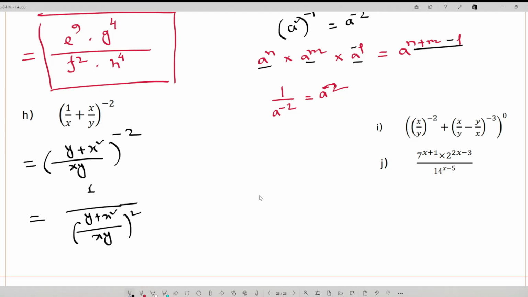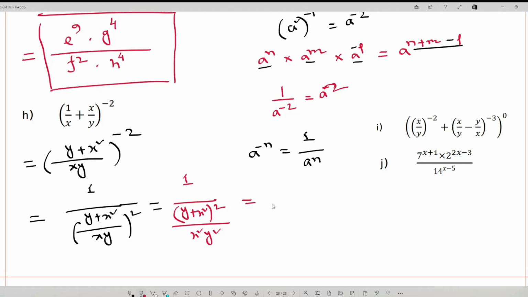We know about the negative exponent. It means a to the power minus n means 1 divided by a to the power n. Okay, now look, this one we can write, here is 1, and this one we can write y plus x square whole square divided by x square y square.